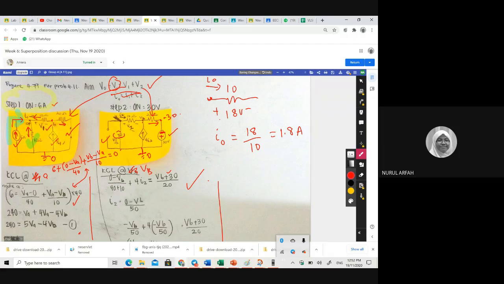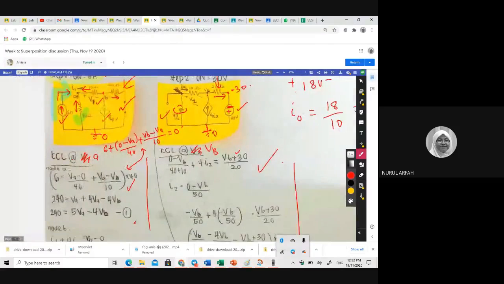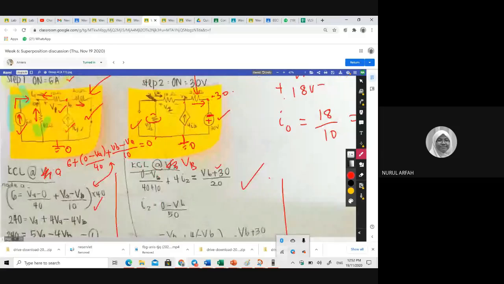Is it too small? As long as you follow passive sign convention, you can put any direction, no problem. Let's say this is a current direction, right?